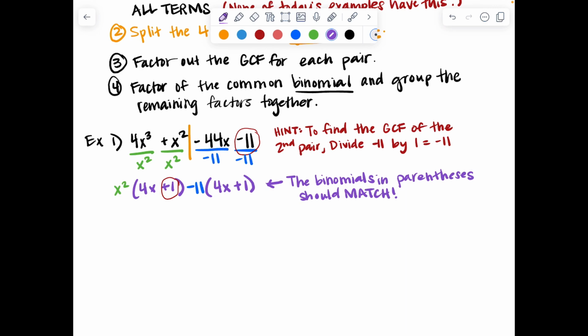So now we're just going to factor out the binomial that's inside the parentheses, they should be exactly the same. And then we're going to group the remaining two terms together.